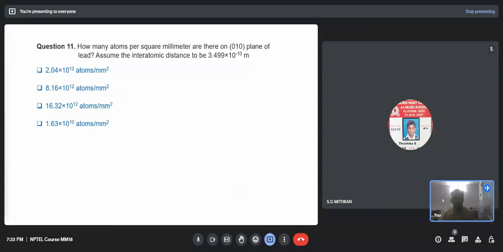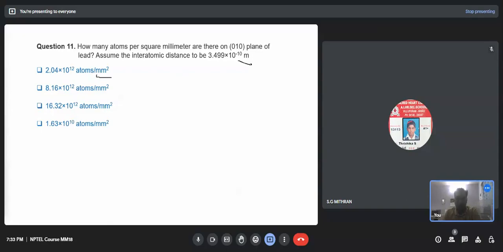So here one trick is there. First you have to see whether these values are matching or not. First check the options. In the question the value is given in meter, and in the options, it is written in millimeter square.